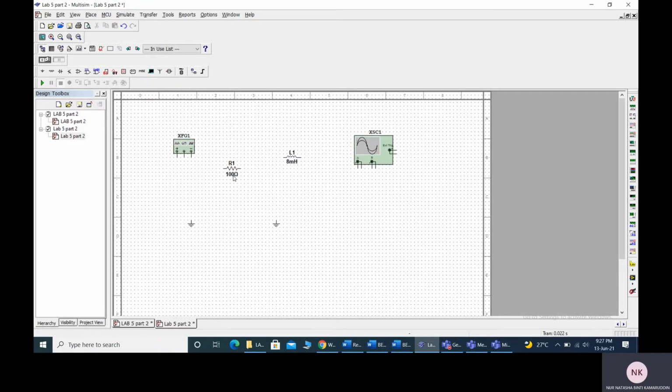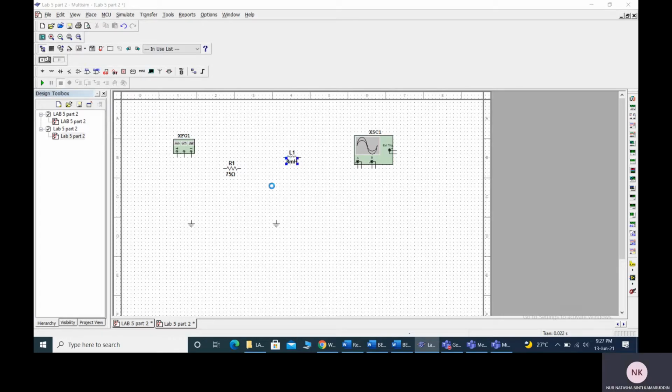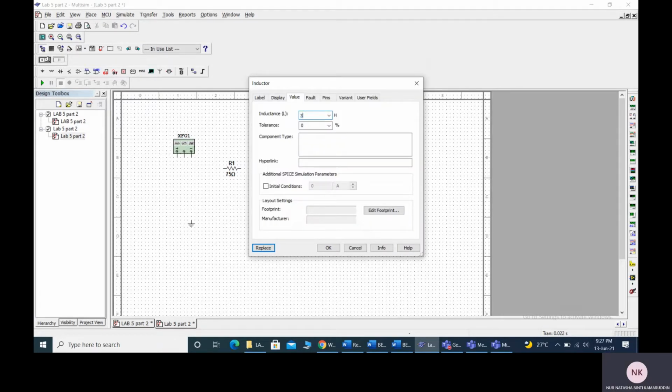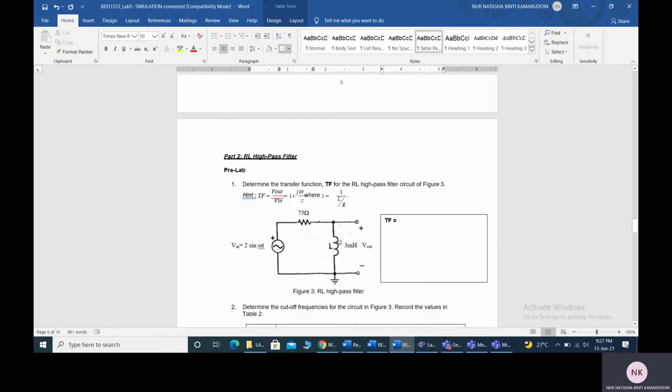After that, I will change the value of the components, and then I will connect the components like this circuit.